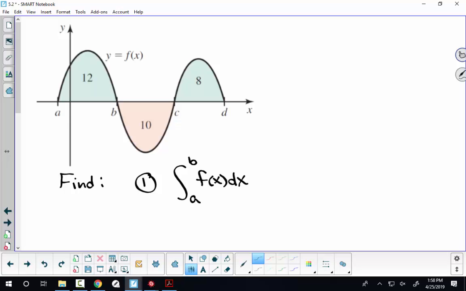From a to b. 12. It says find the net area from the axis to the function between a and b, and that's given to us as 12. Maybe I should put this up here.